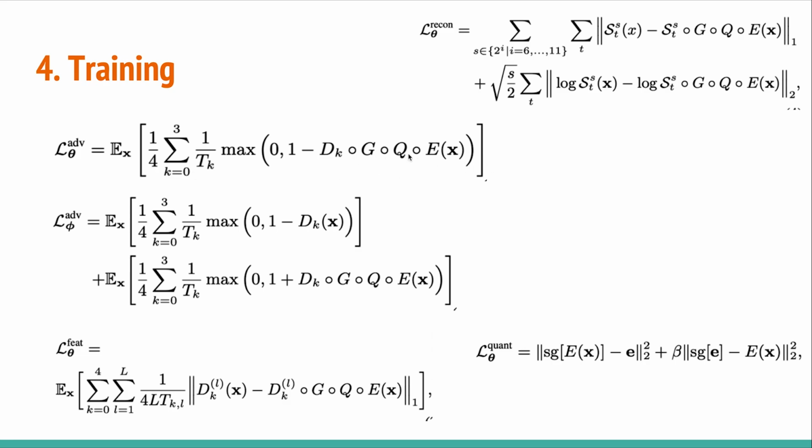This is the loss function for that, and there is a GAN loss function, which is the expectation of the discriminator and the generator. This is a standard GAN loss.